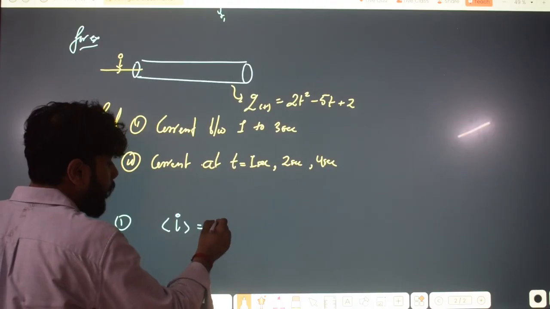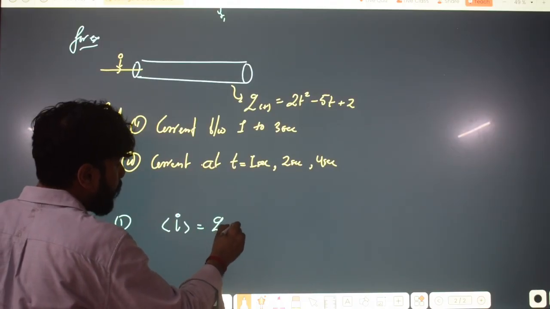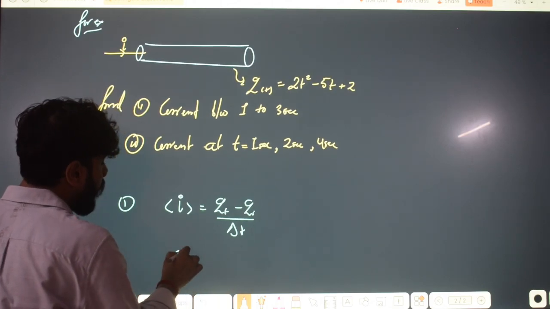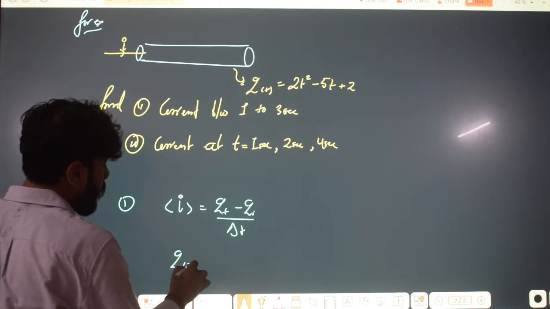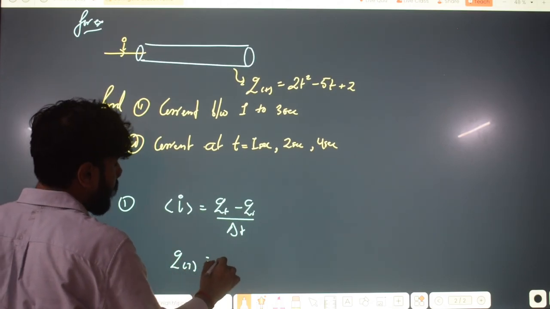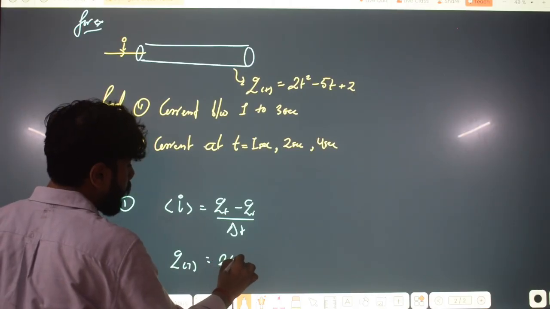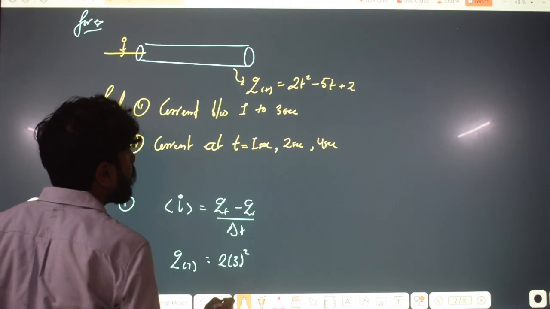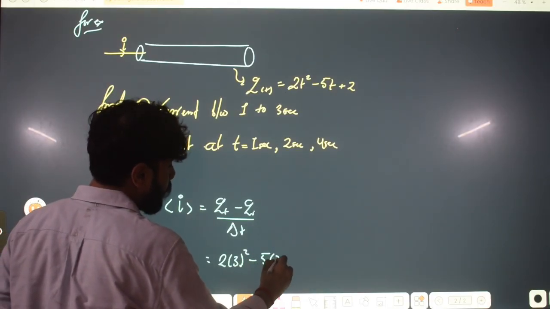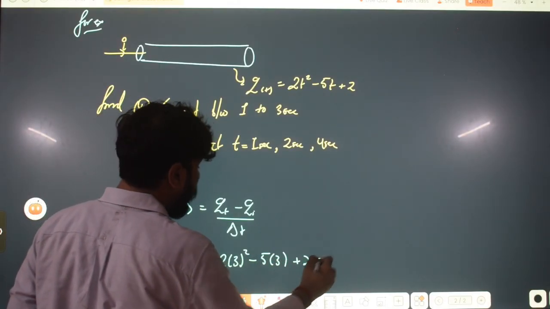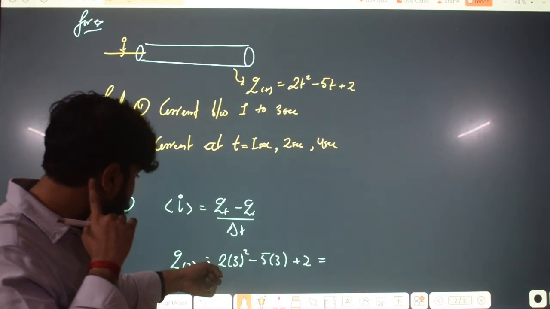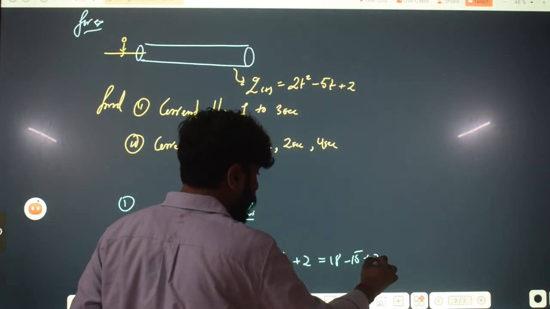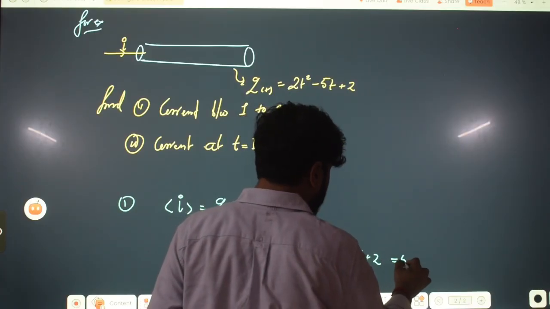And how do you find average current? Delta Q, meaning Q final minus Q initial, over time. How do you find Q final? What time is final in the given time? 3 is final. Just put it in the equation of charge and evaluate. This will be 9 minus 18 plus 15 plus 2, that is going to be 5, I guess, 5 coulombs.